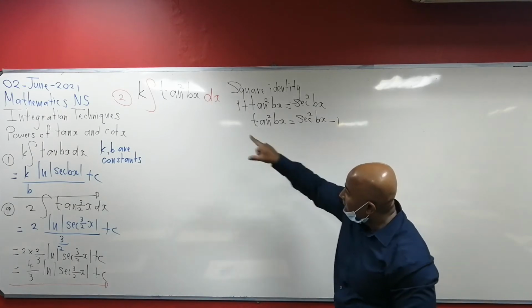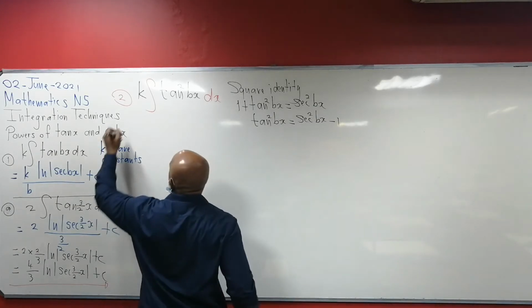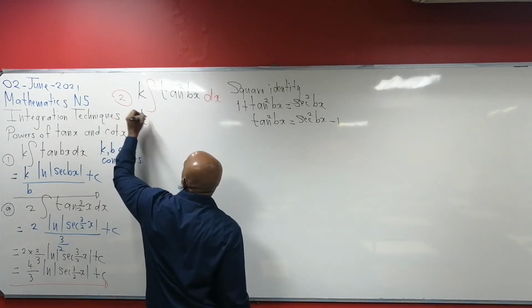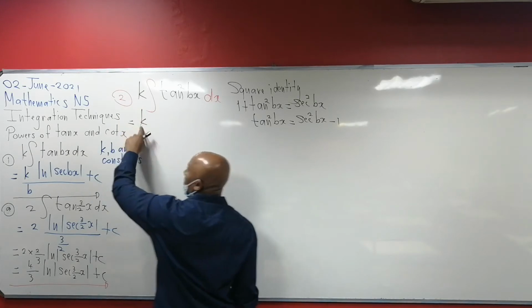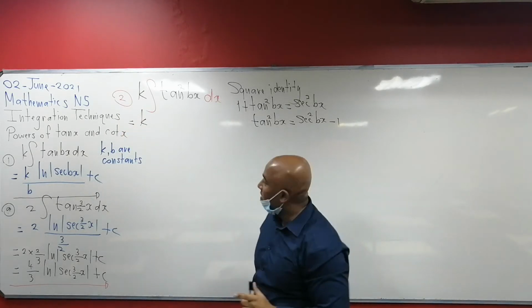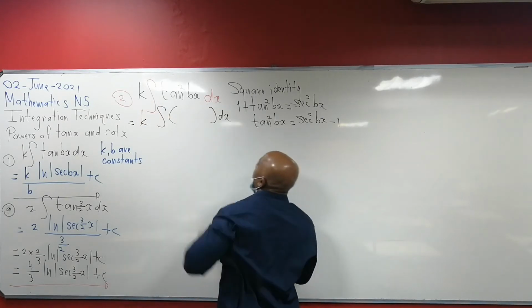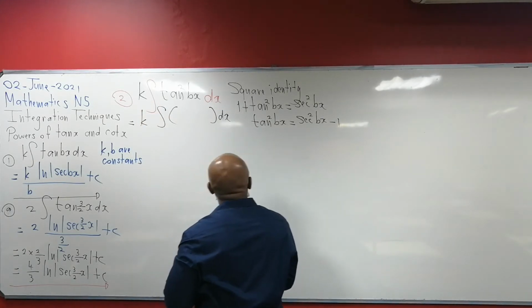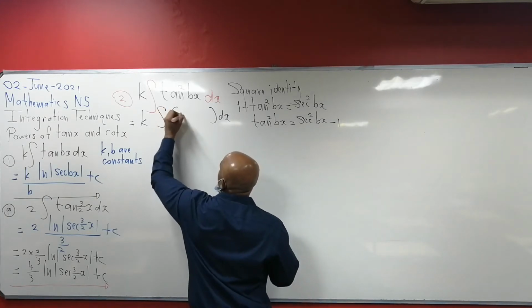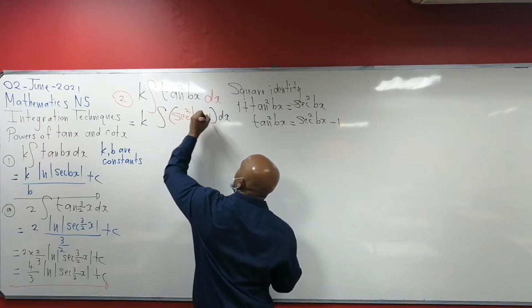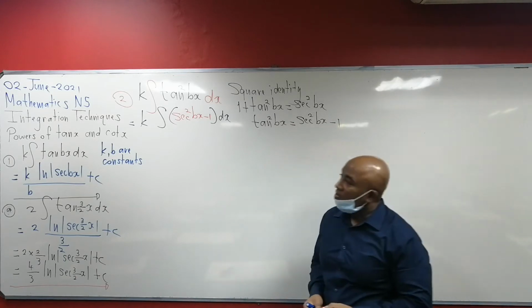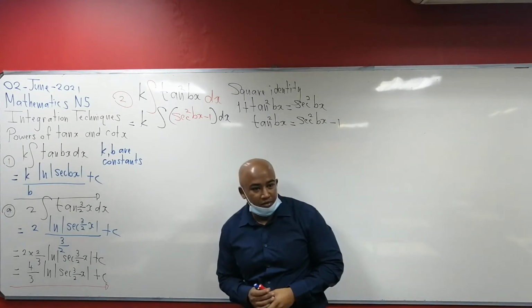Okay, so now I can go and replace tan squared. So that's going to be k there, which represents a number. Remember, this k represents a number here. So we got the integral of, and then I'm replacing tan squared with sec squared minus 1. Now, why do we change it to sec squared?